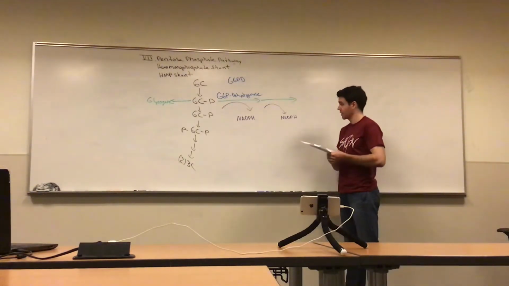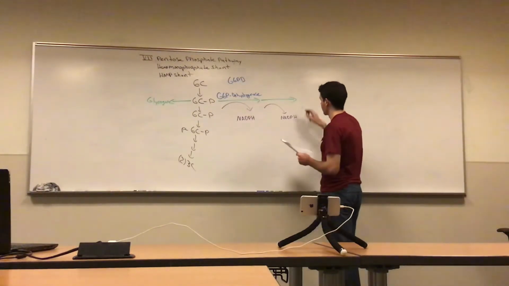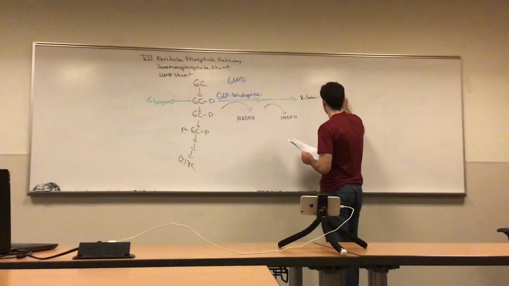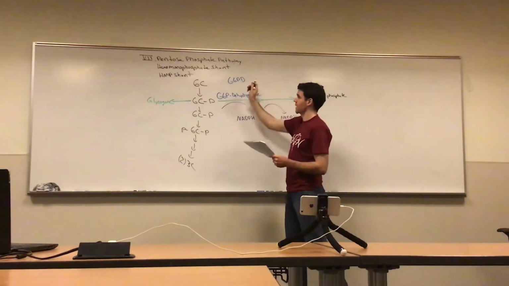Then, just for completeness, this makes something called ribose 5 phosphate. So that's why it's the pentose phosphate pathway.